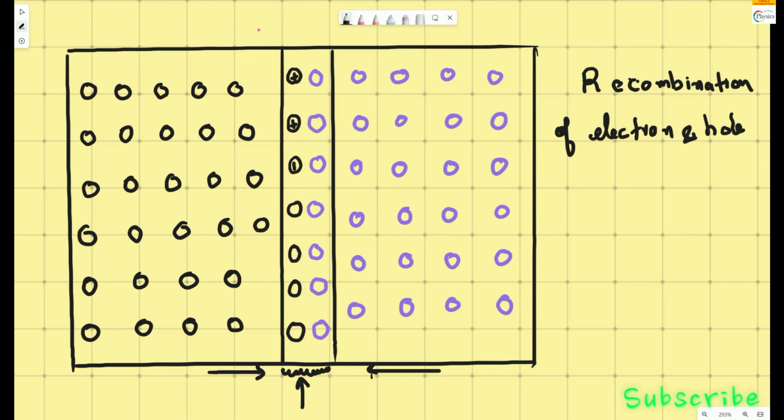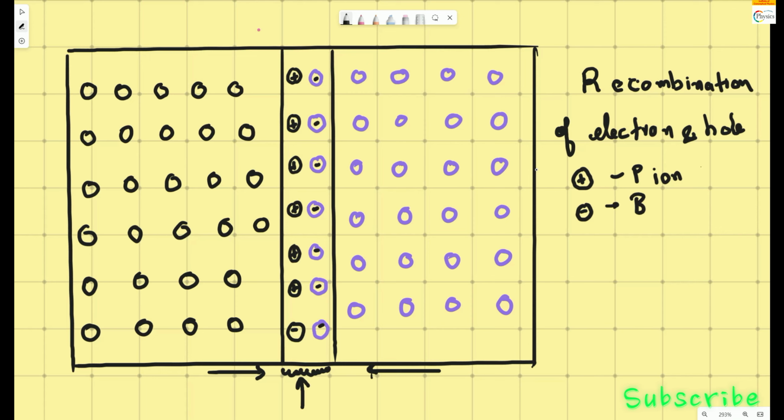So what you're left with is a positive phosphorus ion and a negative boron ion. These are immobile, by the way, they don't move. So this is your positive phosphorus ion, and what you see within the band, this is the boron ion, which is the negative ion.